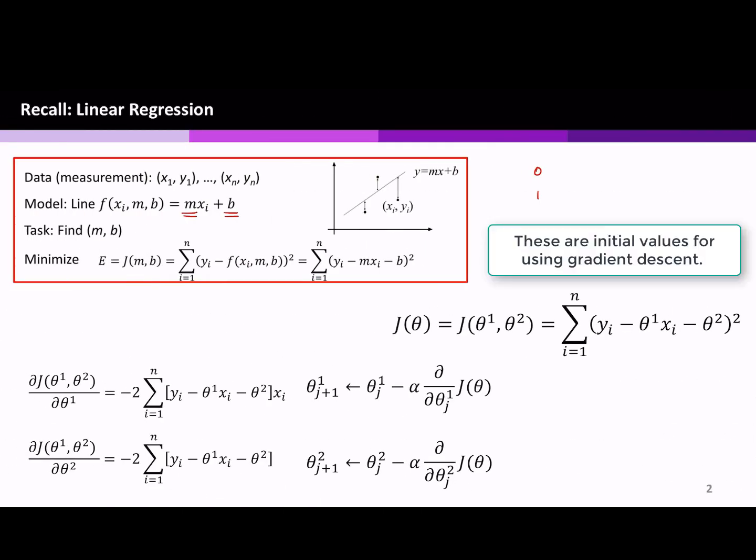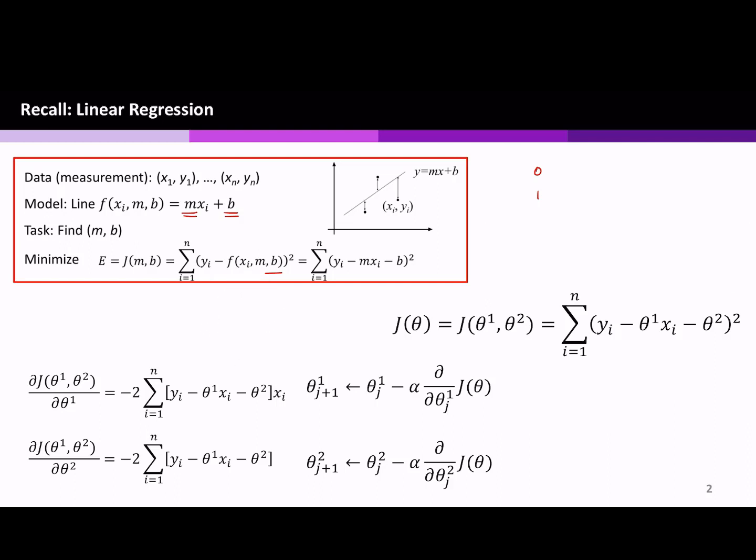Then we find the prediction, and then compute the cost function. Once you find the cost function, you're going to update the function parameter using gradient descent, right?